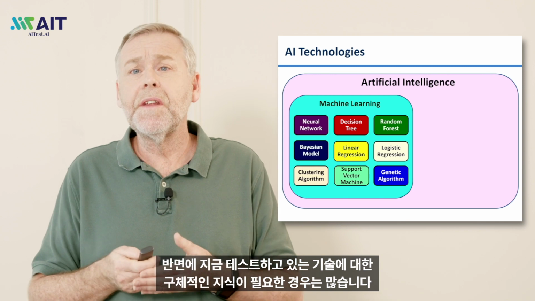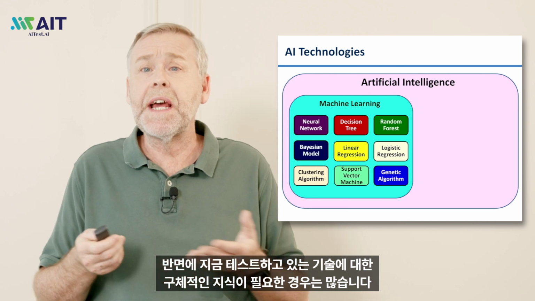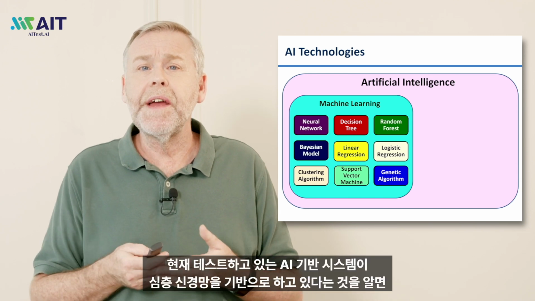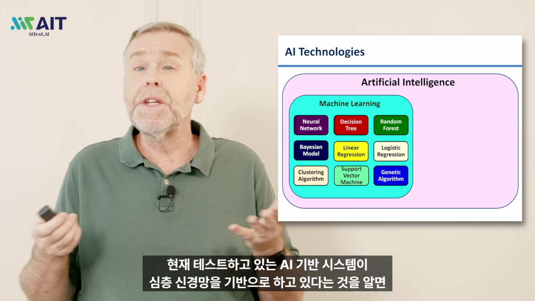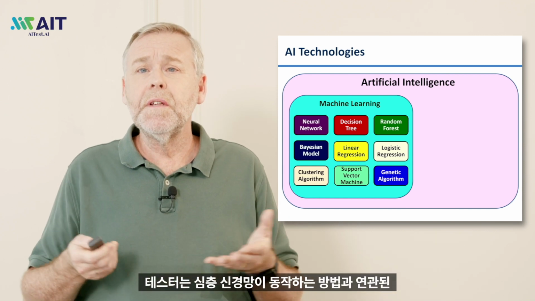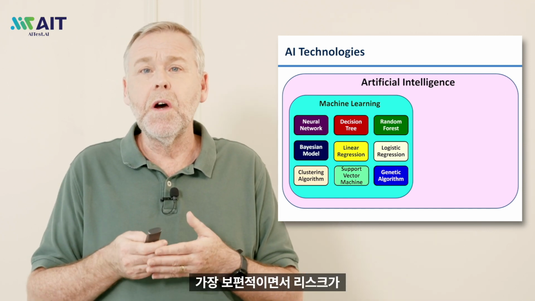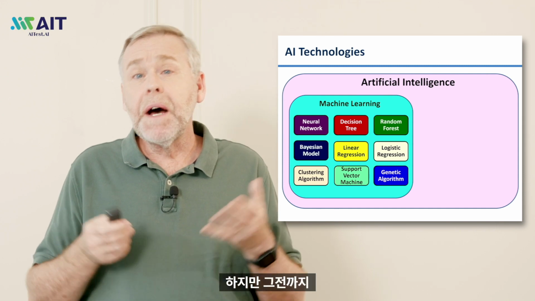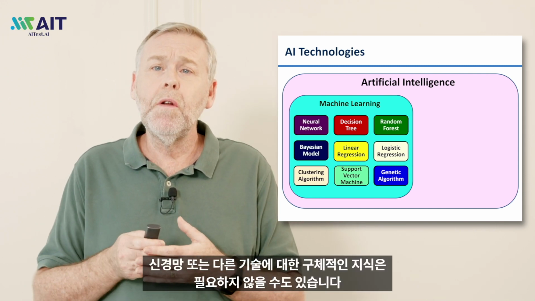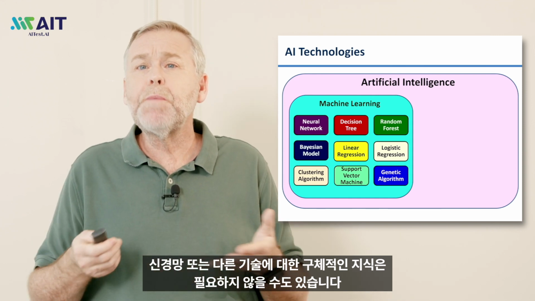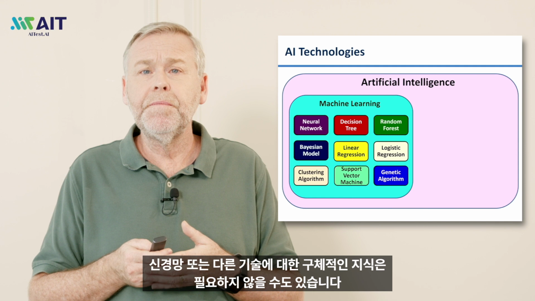On the other hand, they often need in-depth knowledge of the technology they are testing. So once they know, for instance, that the AI-based system they are testing is based on deep neural nets, then they should ensure that they know how deep neural nets work and the most common and high-risk defects. But until then, in-depth knowledge of neural nets or any other of these technologies is probably not needed.